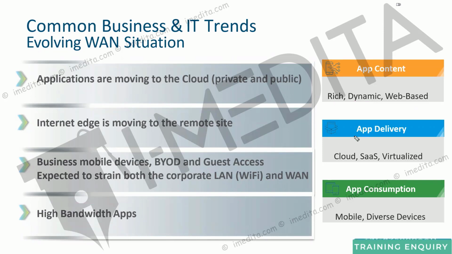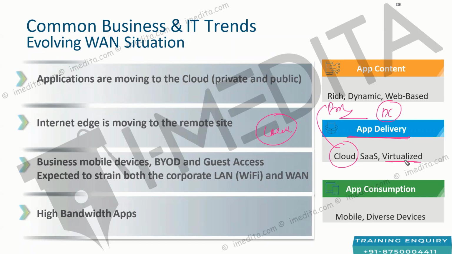Applications are delivered in a modern day network not only on the local machine, but also on the cloud. It could be your own private cloud. You have your own data center, you have used some virtualization technology, and using that you have created your own cloud. You have deployed the applications there, and you are using that cloud to access those applications.